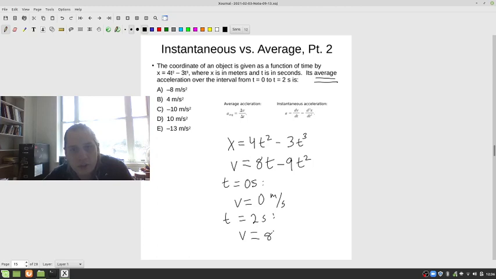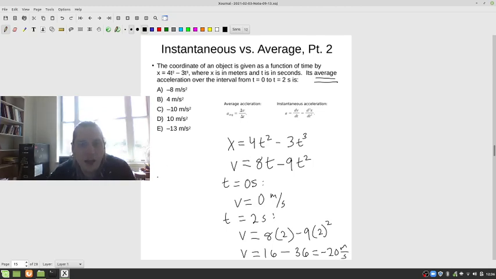Okay, so then it's going to be 8 times 2 minus 9 times 2 squared. So that's 16 minus, okay, 9 times 4, I guess that's 36. 16 minus 36 is minus 20 meters per second.